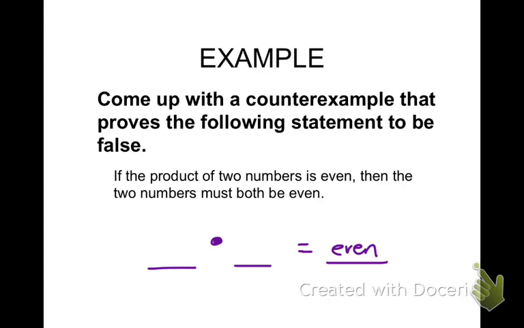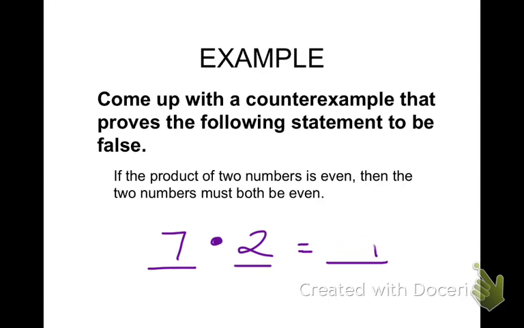So can someone give me two numbers that would multiply to an even that are not both even? 7 and 2, what are we going with? 3 times 4. As long as one of them is odd and one of them is even. So 7 times 2, 3 times 4.